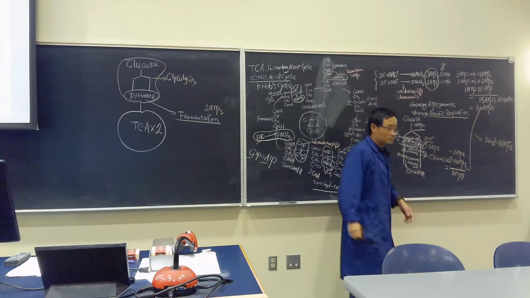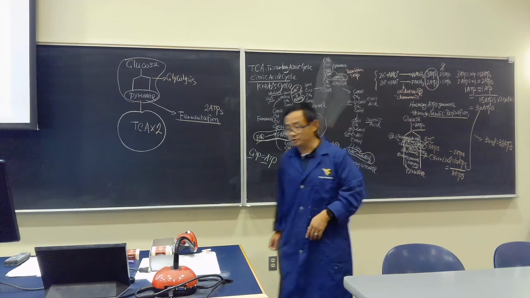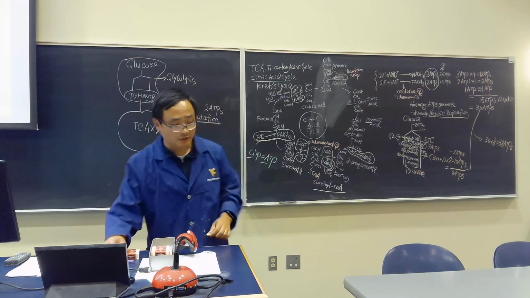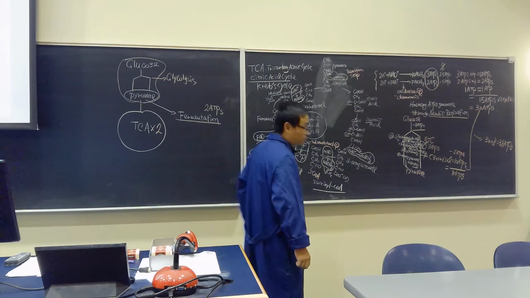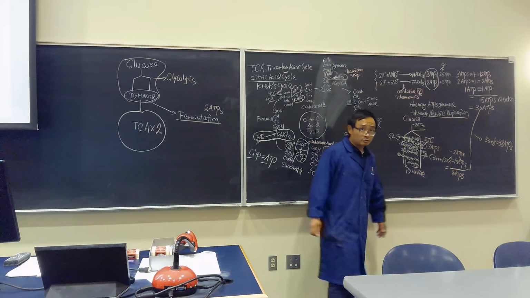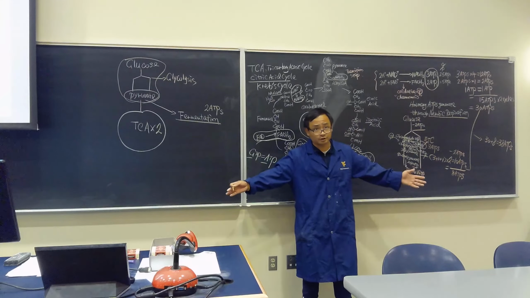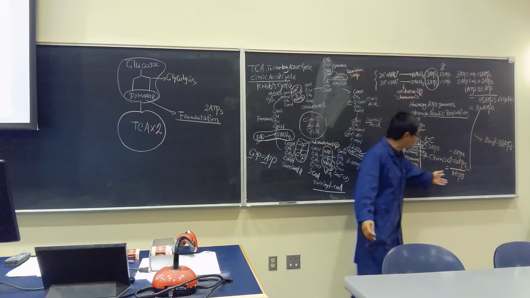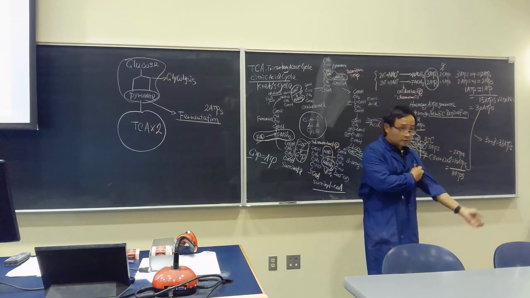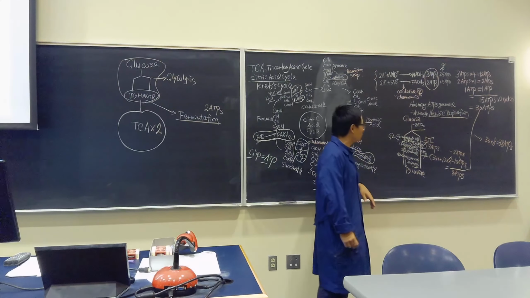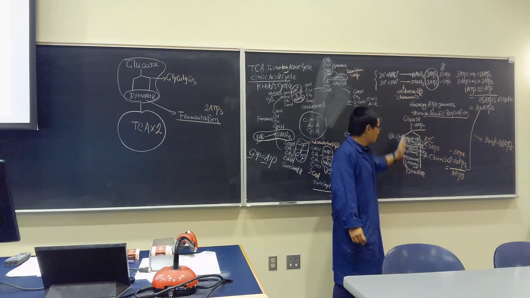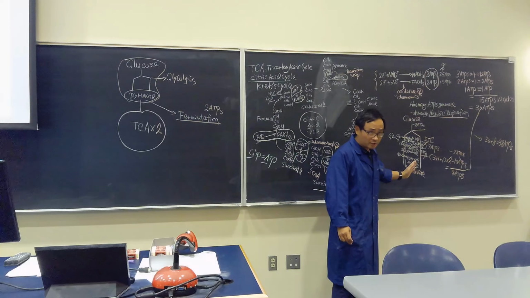But here is the thing. On Tuesday, you said going through glycolysis only generates 2 ATPs. That's what you learned. How come here you come up with 8 ATPs? Because when we talked about glycolysis, that was only a closed cycle, not related to the electron transport chain.